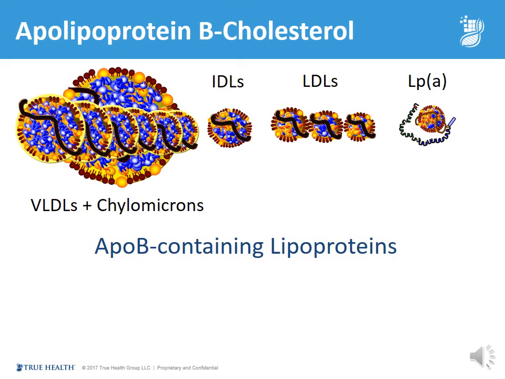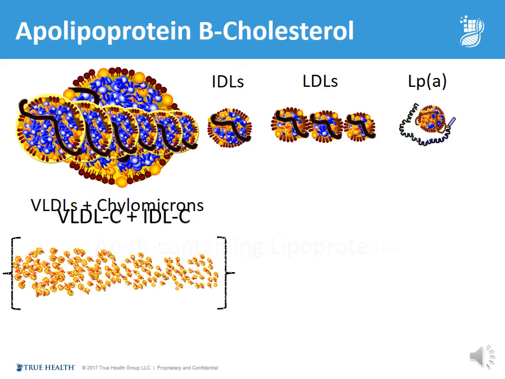Here we have a graphic entitled apolipoprotein B cholesterol, which is not a commonly used term, but it's very important. The graphic shows pictures of all of the ApoB containing lipoproteins, from VLDLs, chylos, IDLs, LDLs, and lipoprotein little a. But of course, what is their cholesterol content?